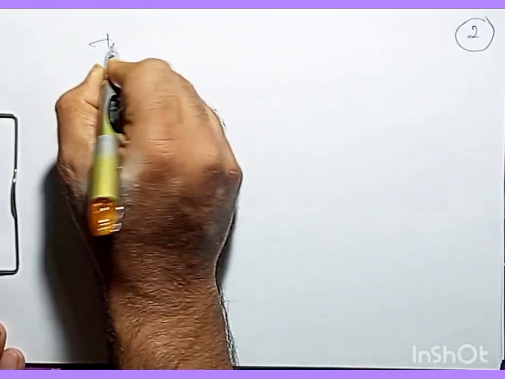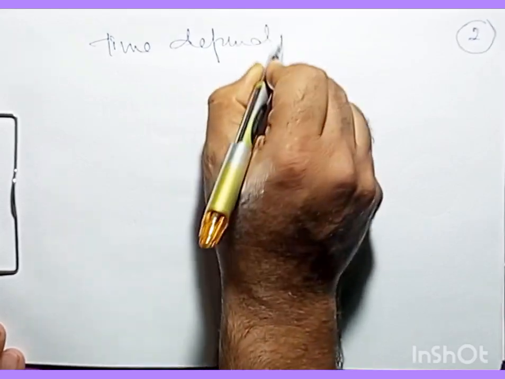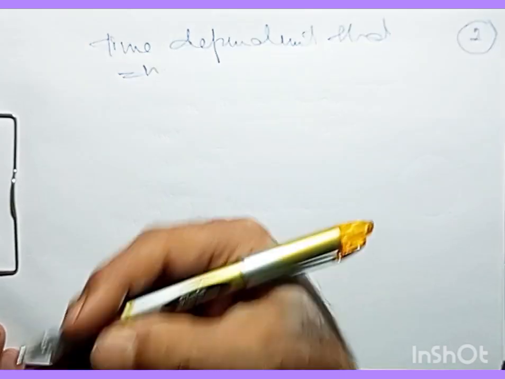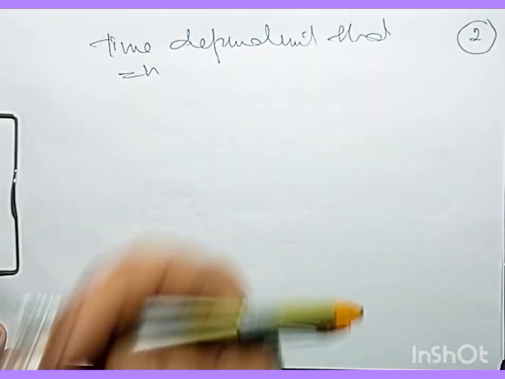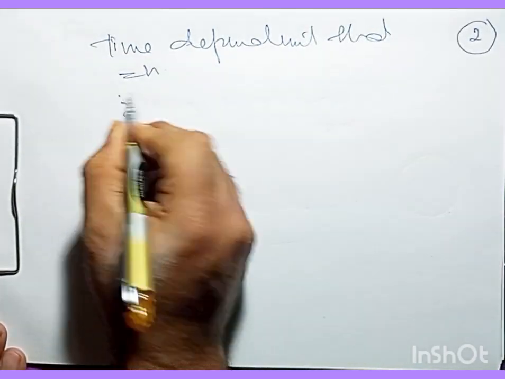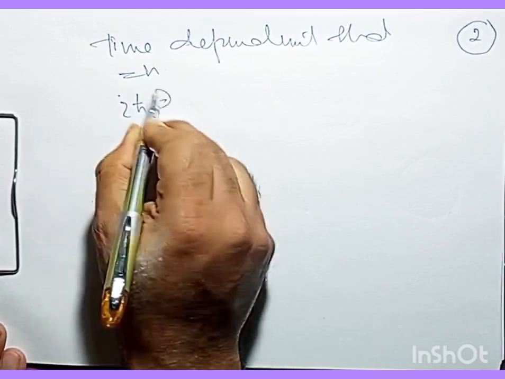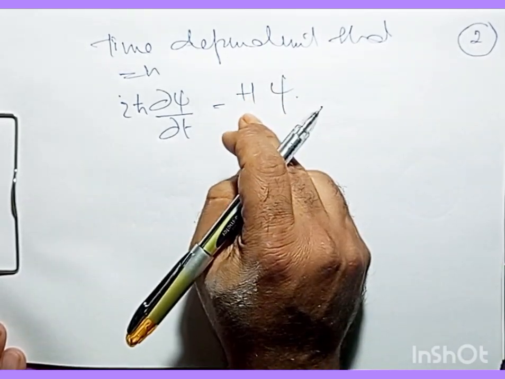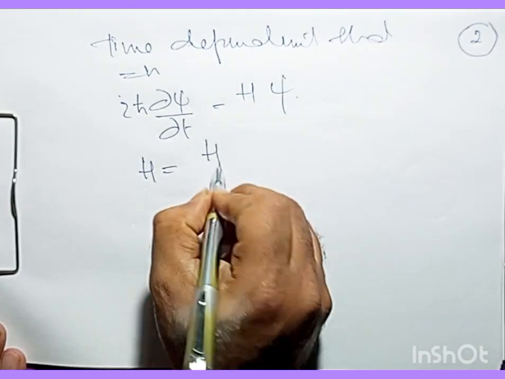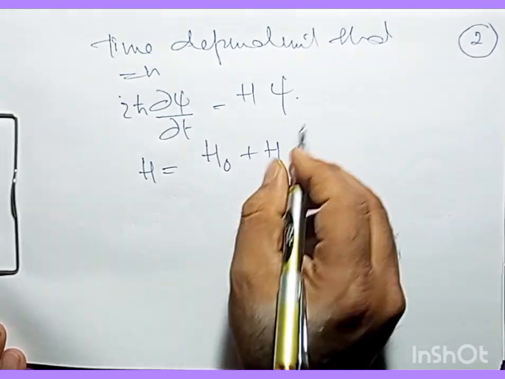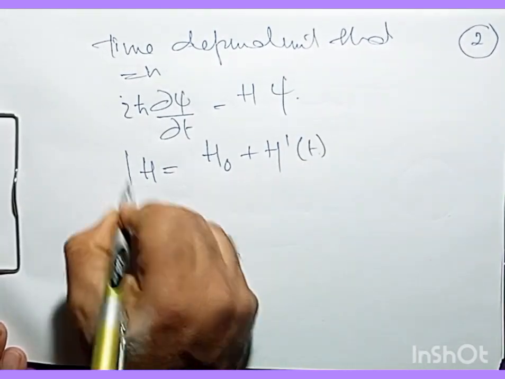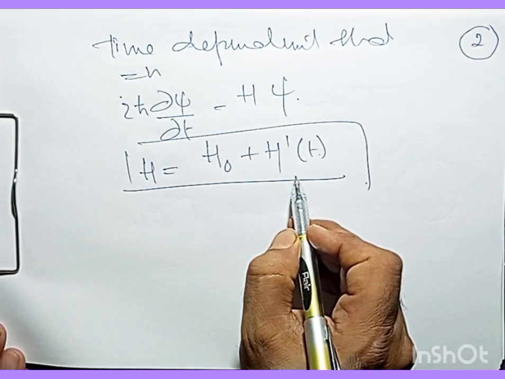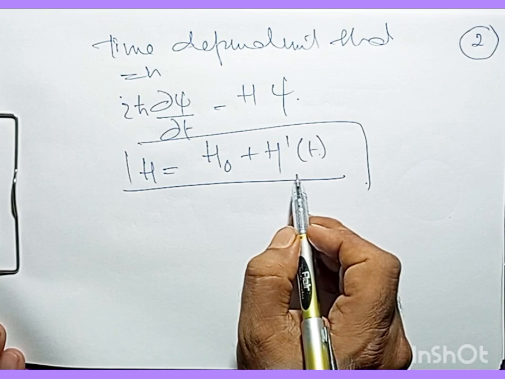So if I write down the time-dependent Schrödinger equation for such a system where there's a perturbation acting on the system: i h cross ∂ψ/∂t is Hψ. Now this H can be chosen as H naught plus H dash of t. So this H dash of t is the time-dependent perturbation.